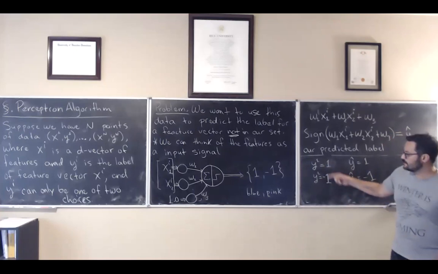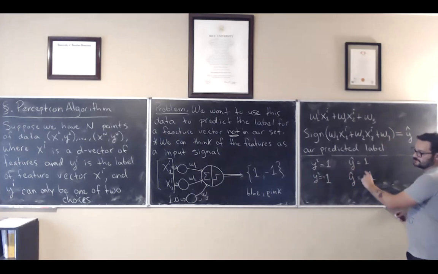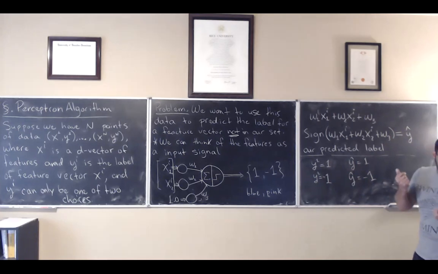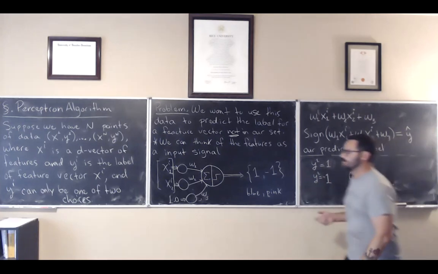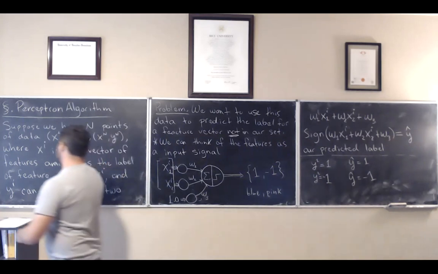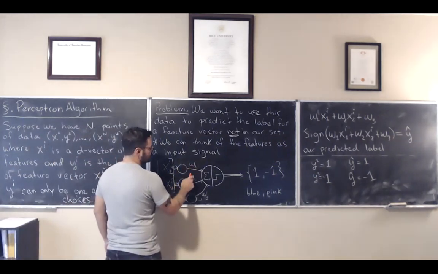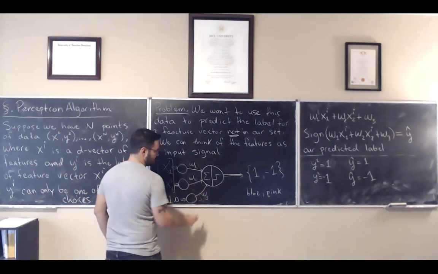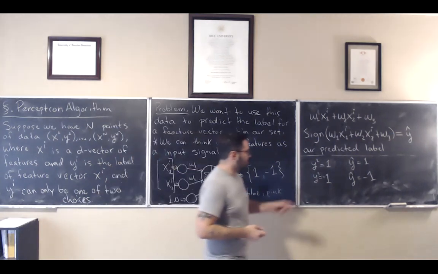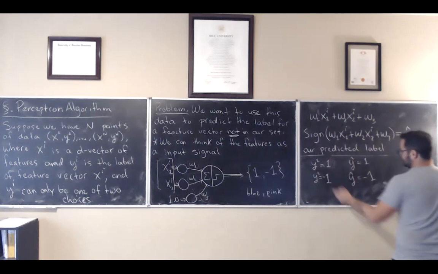Because we know the labels, we can check our predictions against the known label. The only thing that we have to tweak around with, to mess with, are these guys. We can tweak the weights to do better at our predictions.